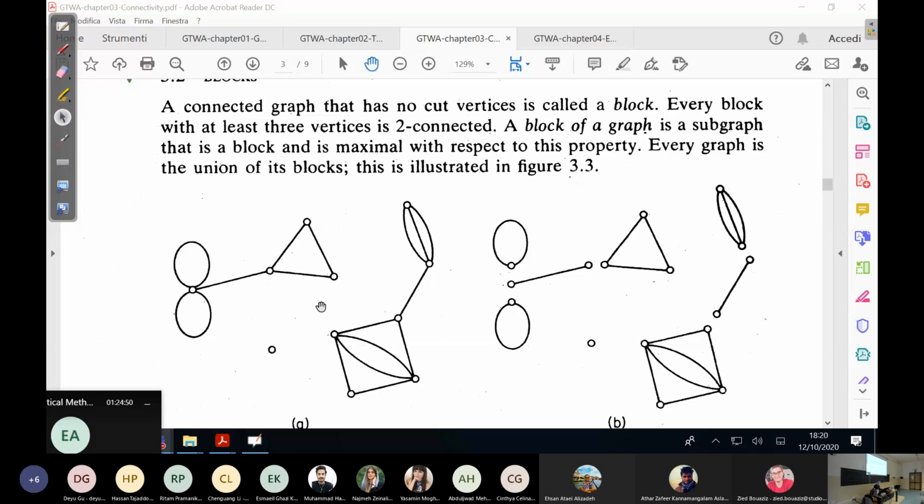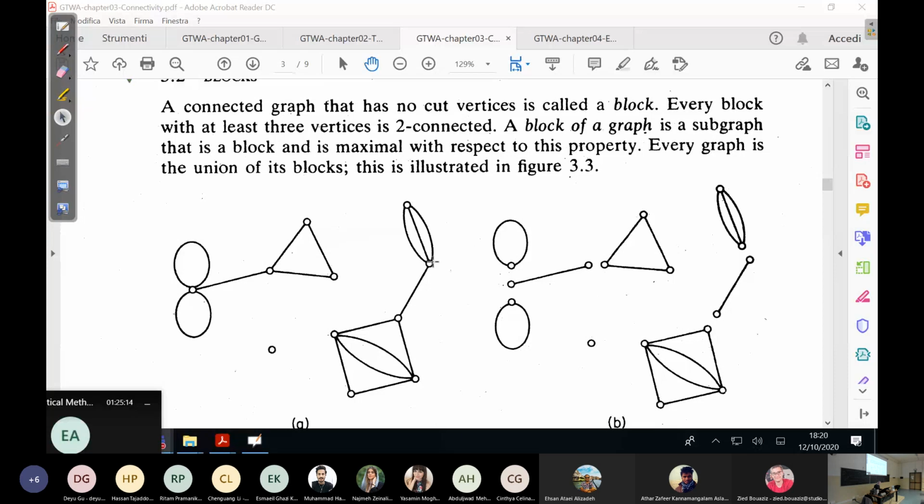And here we have a cut vertex, and so cut vertices actually are the ones which identify blocks in the graph, and so this tells us that on one side you'll have a block, on the other side you'll have another block.